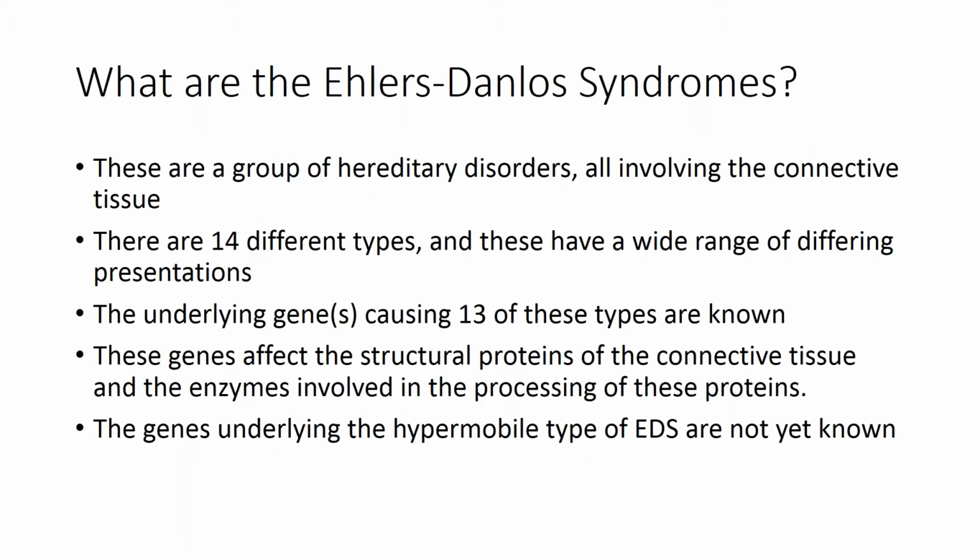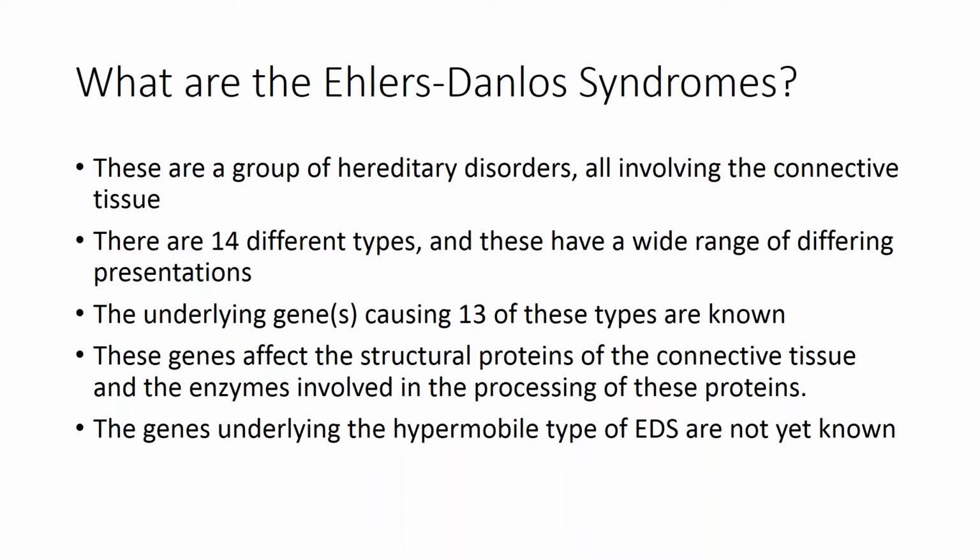So we're going to start off by thinking about what are the Ehlers-Danlos syndromes. These are a group of hereditary disorders, all of which involve the connective tissue. There are 14 different types, and these have a wide range of differing presentations.